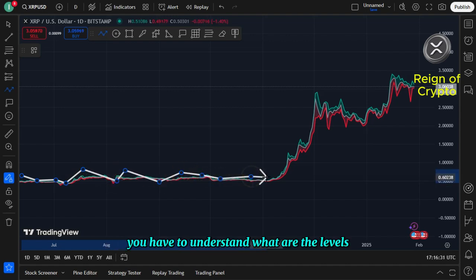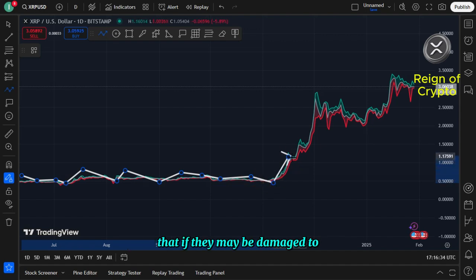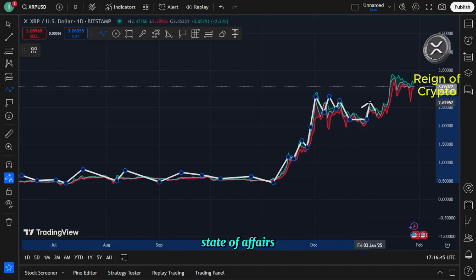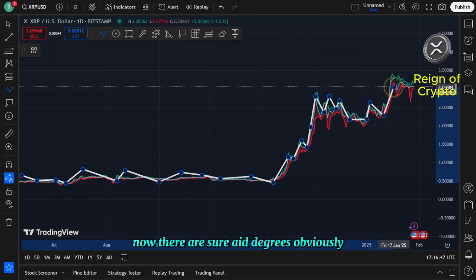You have to understand what are the levels that, if they are broken to the downside, will make the current bullish scenario less likely or even invalidated, so that we need to use an alternative scenario. Now, there are certain support levels, obviously.